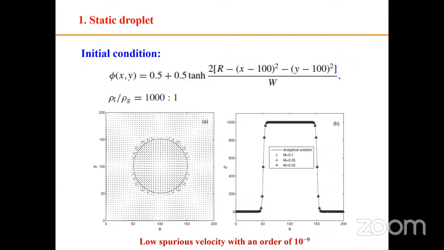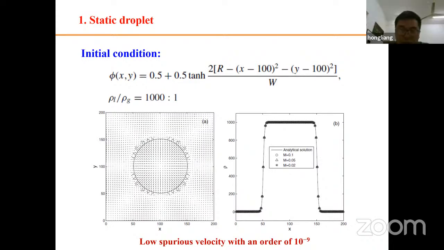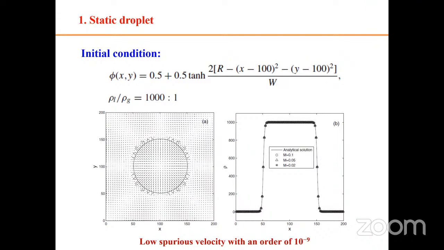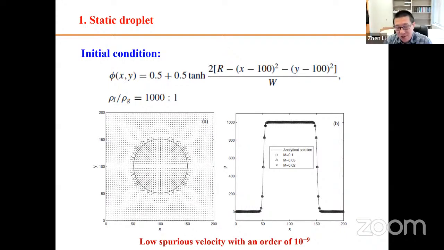This is just for a static droplet. This problem is very simple, so we do not use such techniques. So basically it's just for a static droplet. If the droplet is moving, I think you will have some problems. You need to use some interface tracking method so that your mesh can track the interface, right?